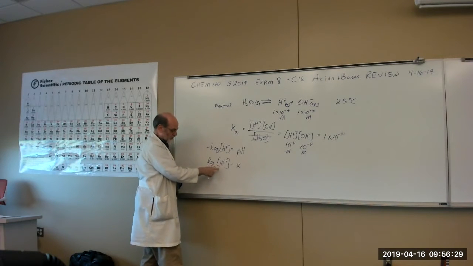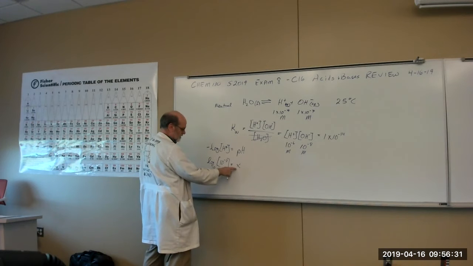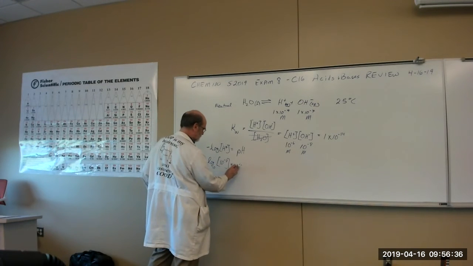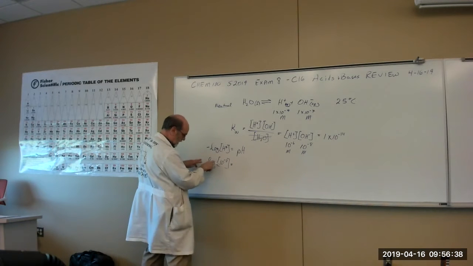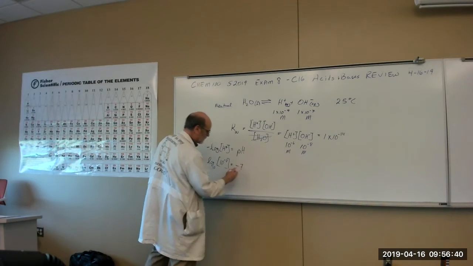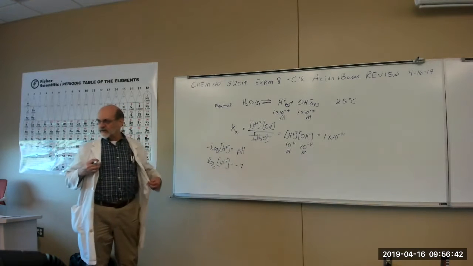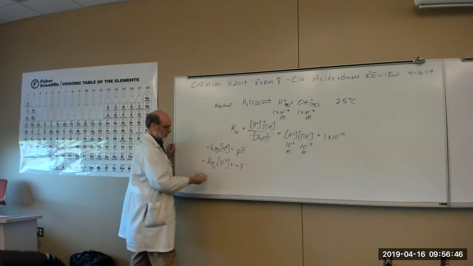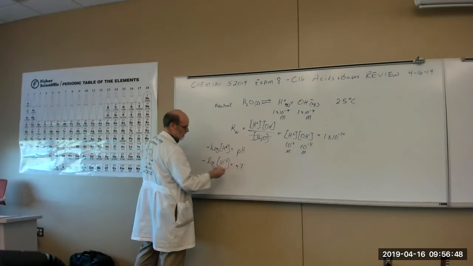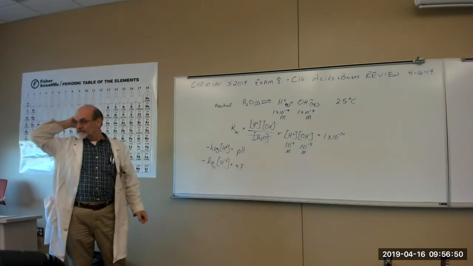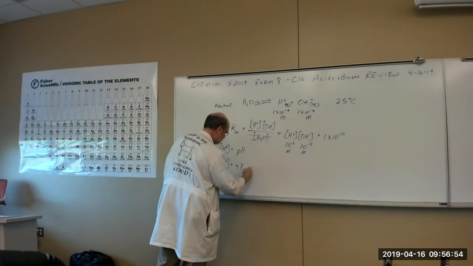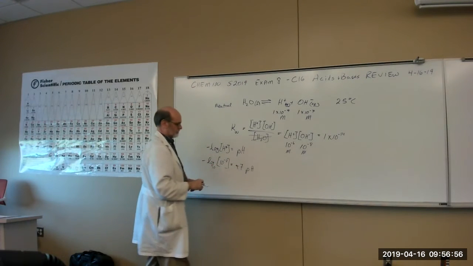So the power of 10 to equal that number has to be minus 7. So this way, it would be minus 7. He didn't like negative numbers either, so he just stuck a negative in front, and that made it positive. Okay, so now he has a pH of 7 is neutral.